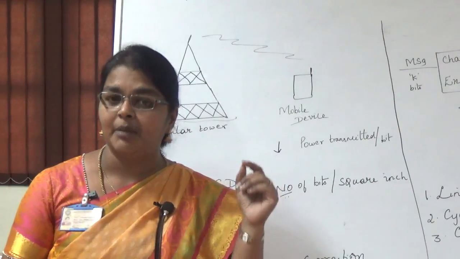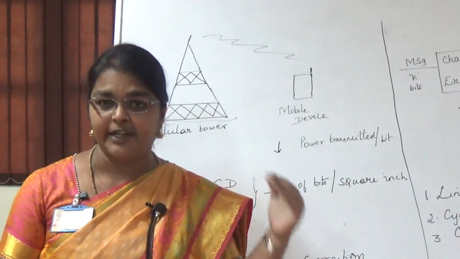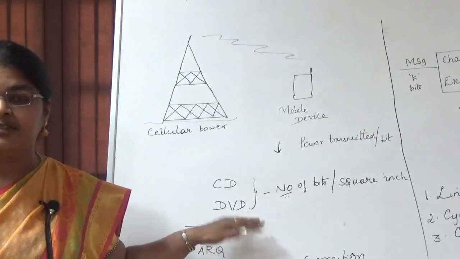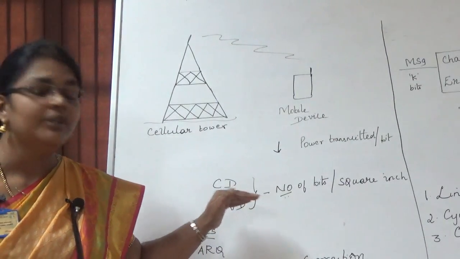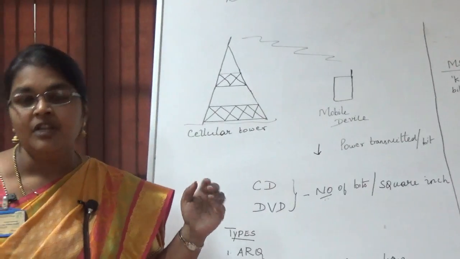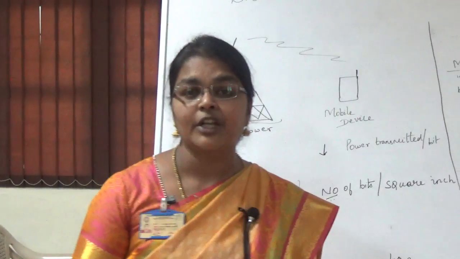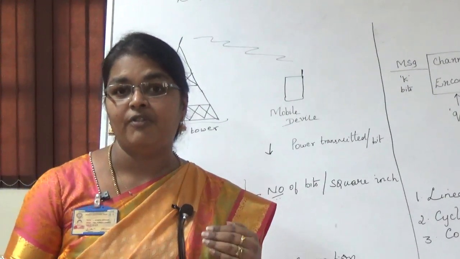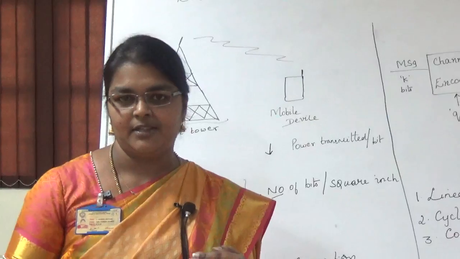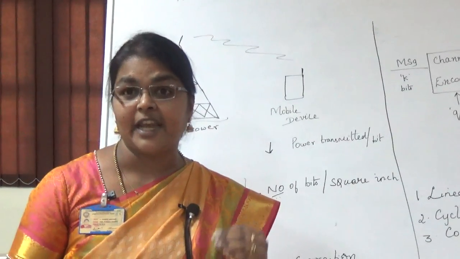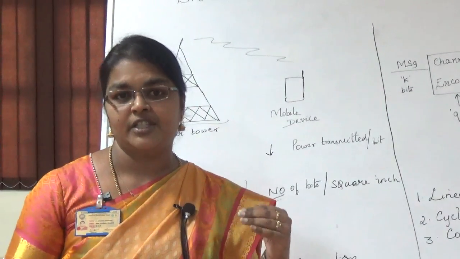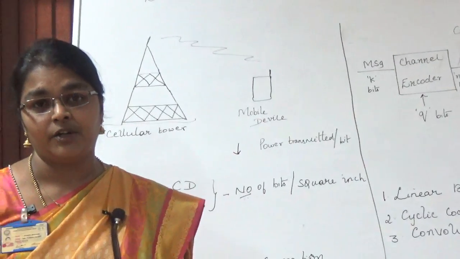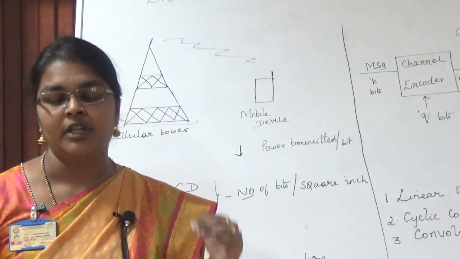Once the number of bits per square inch is greater, the storage capacity of any storage device will also be greater, so I'll be able to store more data in it. Nowadays, communication is found everywhere and storage devices are also found everywhere. So what I mean to say is error control coding is everywhere, and it is a nice and interesting topic to discuss.